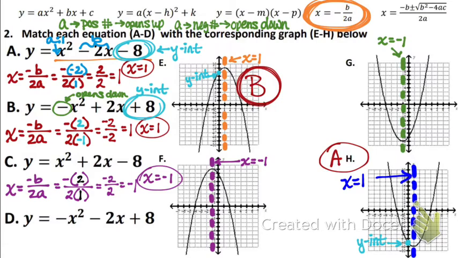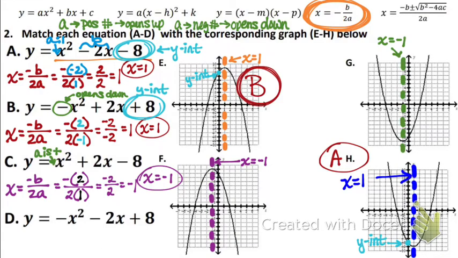Where's the y-intercept? -8. Does it open up or down? Does equation C open up or down? Up. Why? Yes, right here, A is positive.